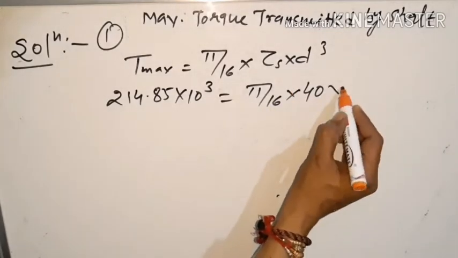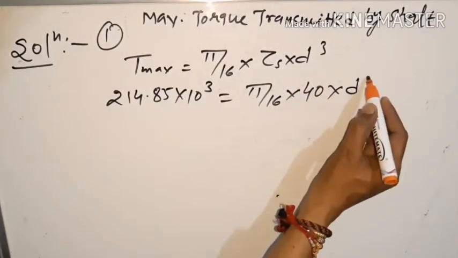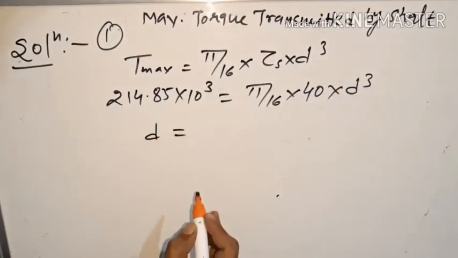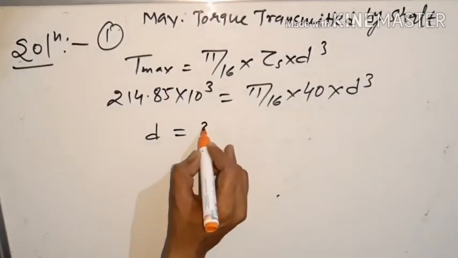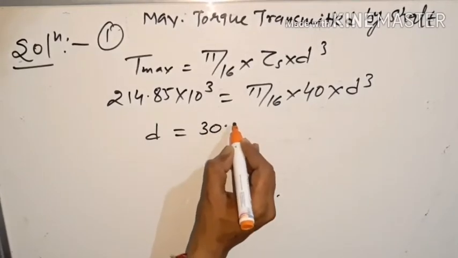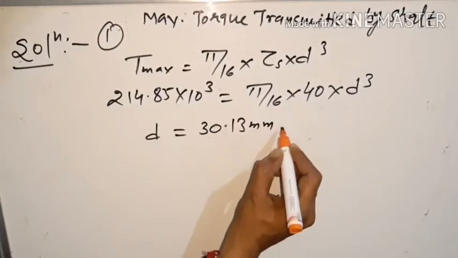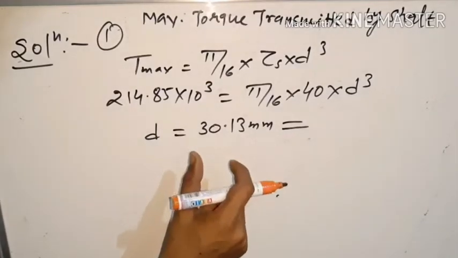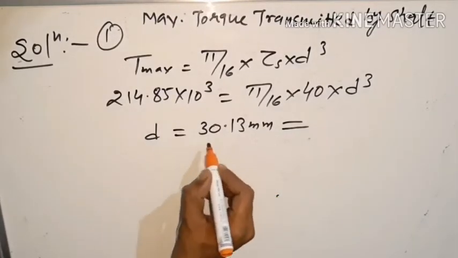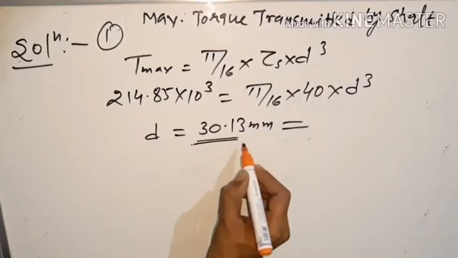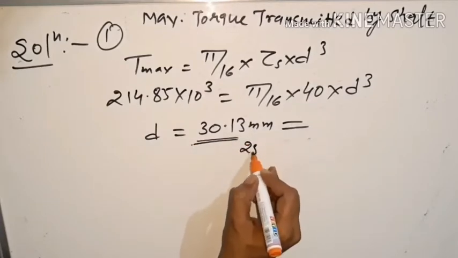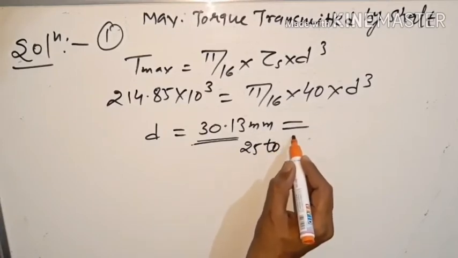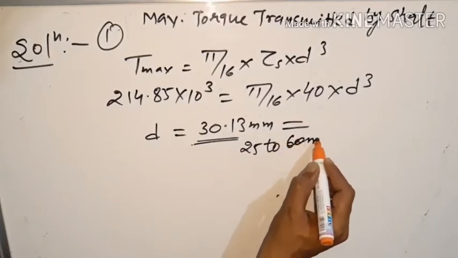And what is the value of d? It is unknown. So when you calculate this, you find the value of d equal to 30.13 mm. But when you check this value from your data book, you find the diameter of the shaft can take a step of 5 mm between 25 to 60 mm shaft.